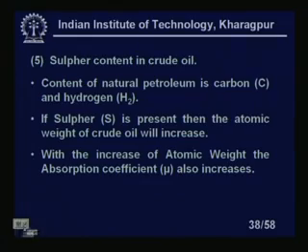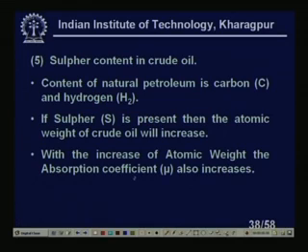What is that equation? We have seen that equation. It looks like this: I equals I naught exponential minus mu x. If the atomic weight increases, the absorption coefficient mu also increases. Obviously, I will be different, since the exponent is a negative term.